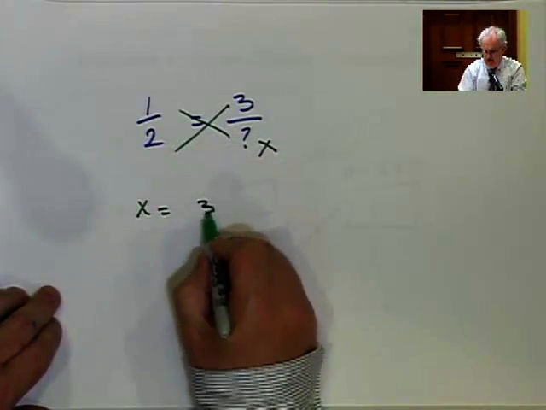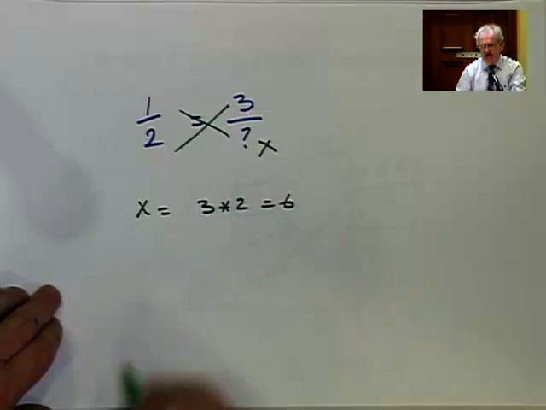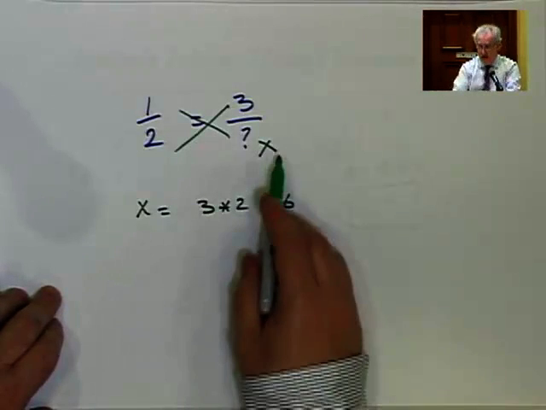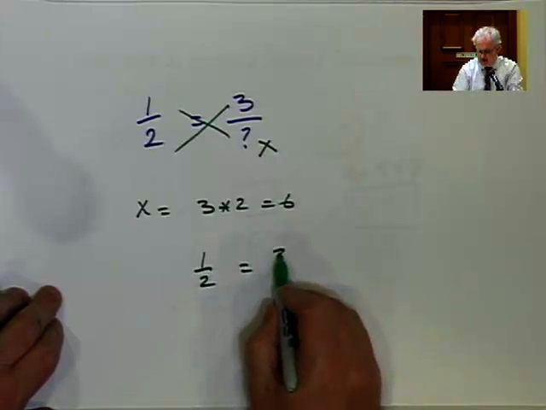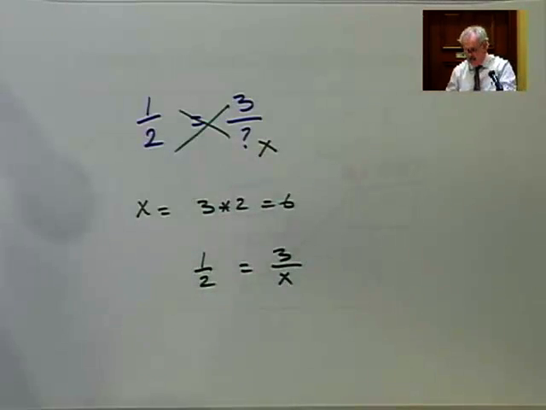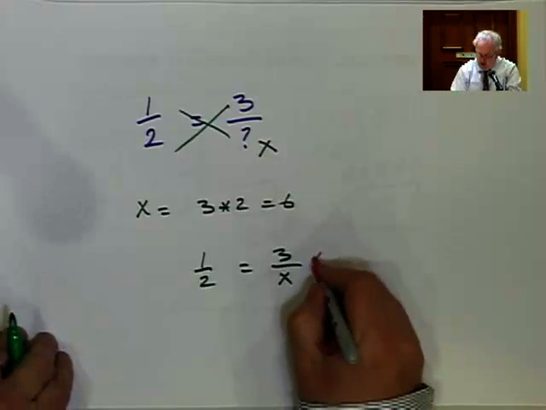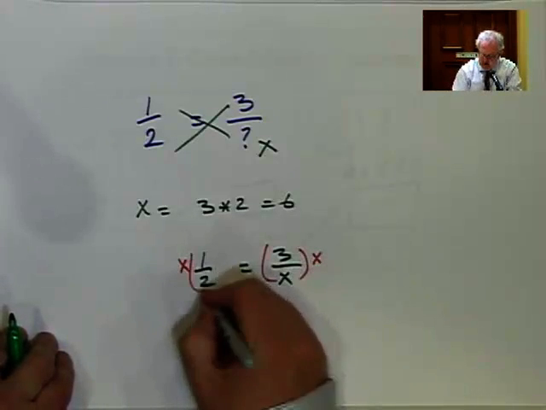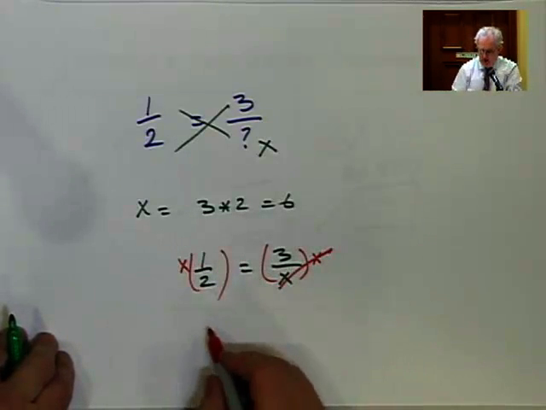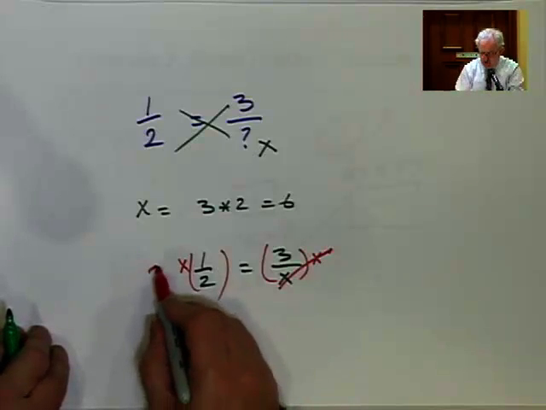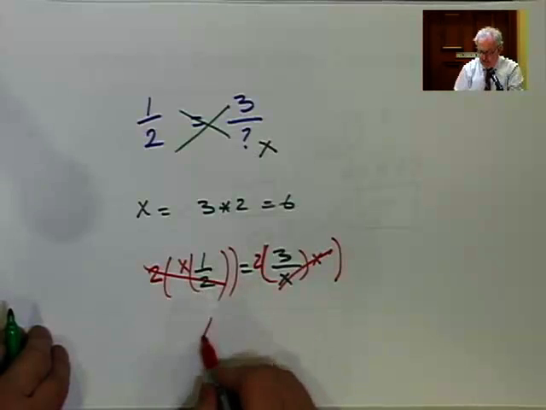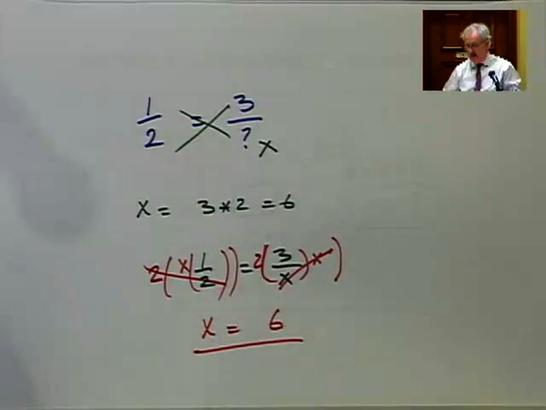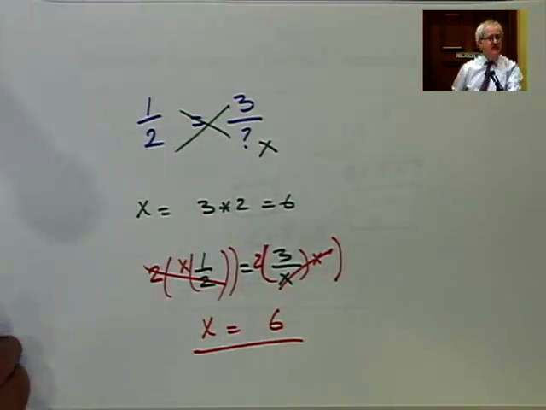X would be equal to 3 times 2, which would be 6. Oh, we found x. All right. Or you could say 1 over 2 is 3 over x. Well, I don't know what x is. See if I can solve it. Multiply by x here, multiply by x here. They'd cancel. Multiply by 2 here, and multiply by 2 here. They'd cancel. X is equal to 6. I'm still getting x equals 6. I can still solve it.